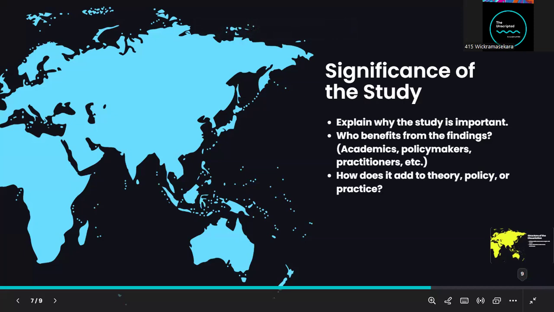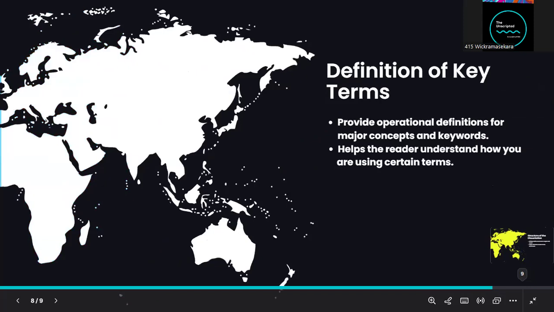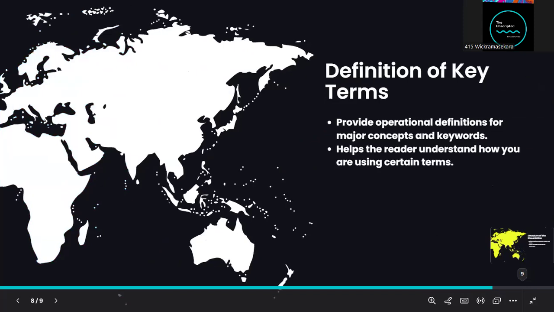Since this is the starting point, again, significances must be written in the future tense, right? Because you haven't yet found out the findings, and these findings can be different, even though you have certain expectations in the beginning. So finally, you need to have the definitions of key terms as well.